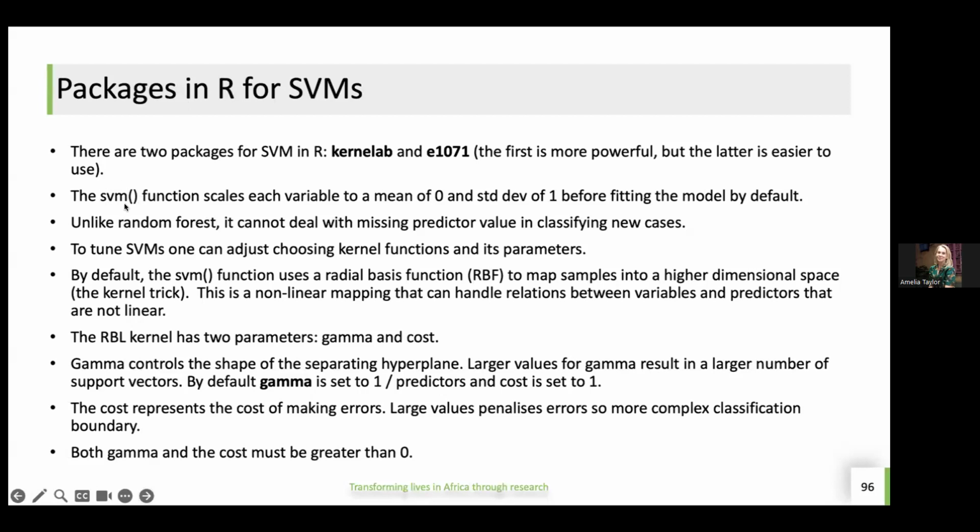In the background, it scales each variable to a mean of 0 and standard deviation of 1 before fitting, and then it applies a kernel function. By default, the kernel function used is the radial basis function, which achieves a nonlinear mapping. So it can handle both linear and nonlinear relationships between variables and predictors.